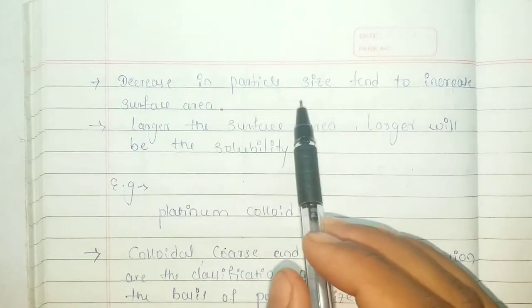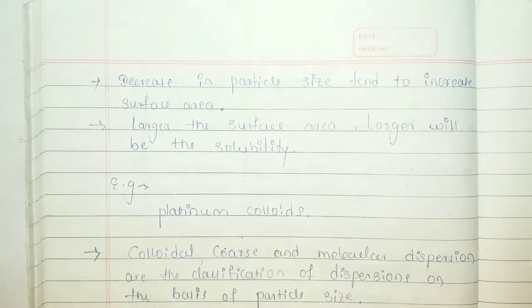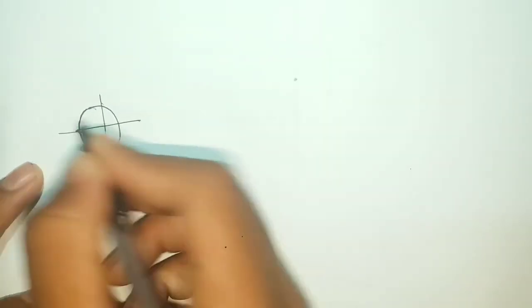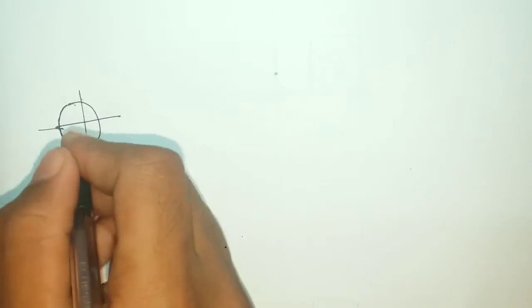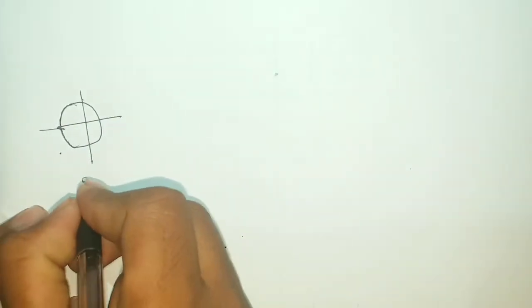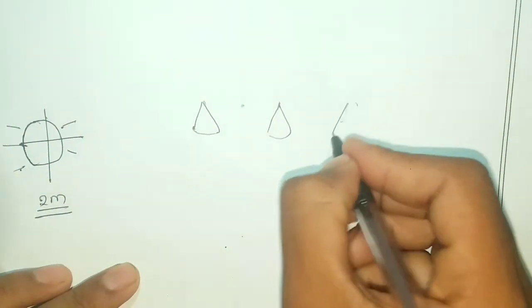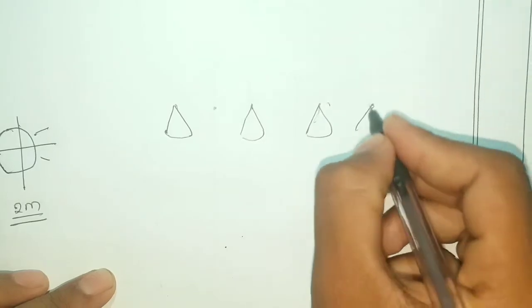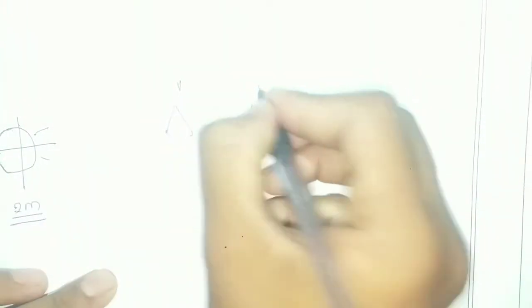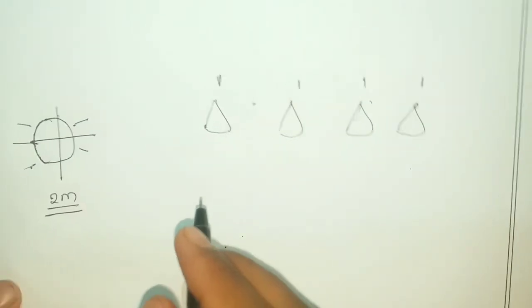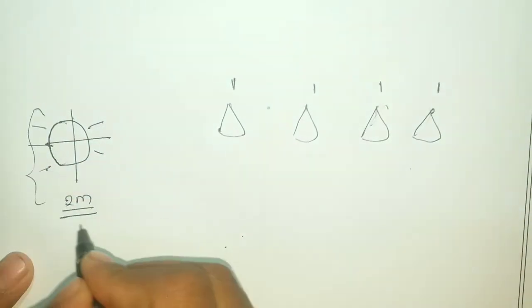The next point: a decrease in the particle size tends to increase the surface area. Take one surface whose total area is 2 meters, and cut it into four parts.